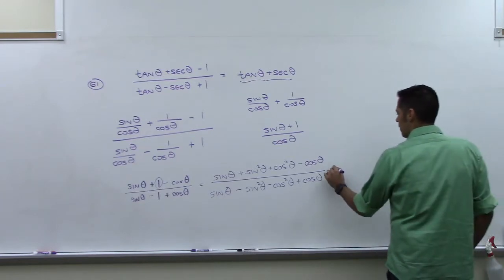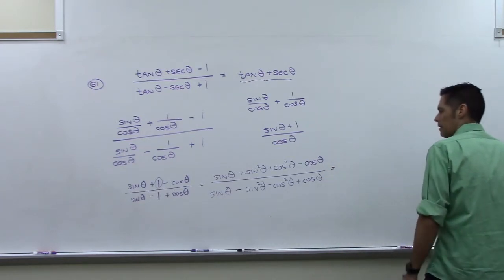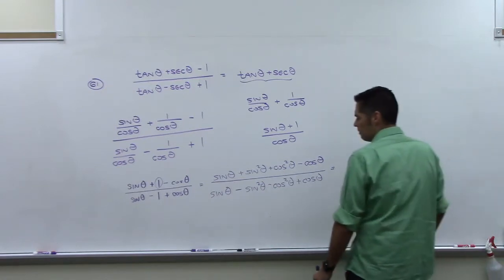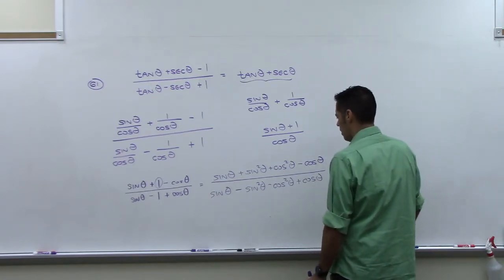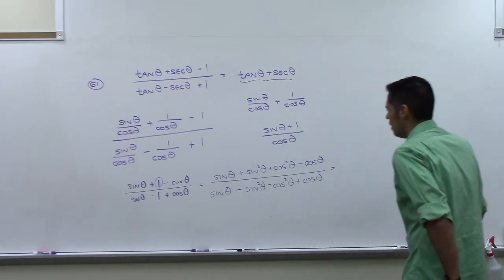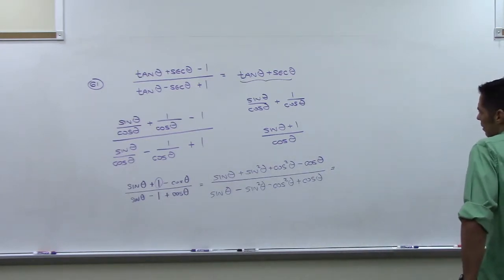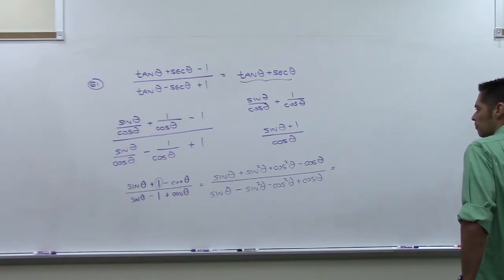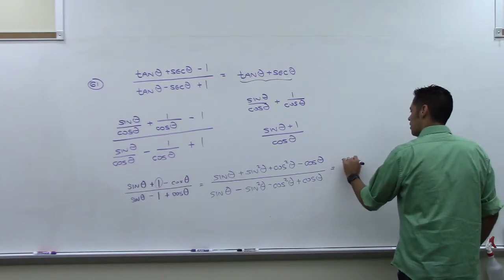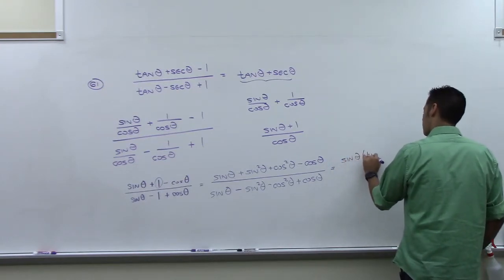Now, does this help me at all? I could try and factor out 1 plus sine, 1 minus cosine. Jeez. What I was thinking here was sine theta out of the first 2.